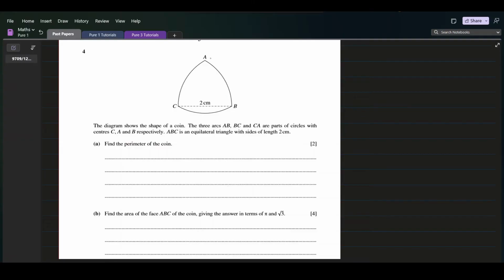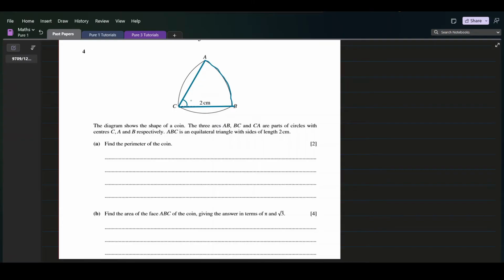Okay, so let's start with the arc AB. We've got our arc AB over here, and arc AB is coming from a circle with center C. So if I complete this, that's our radius from our center to A, and then from the center to B. As you can see, our arc here has a radius of 2 centimeters, and we're told that ABC is an equilateral triangle.